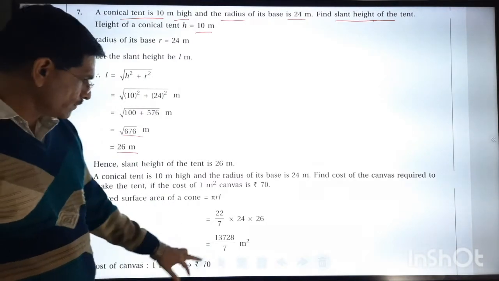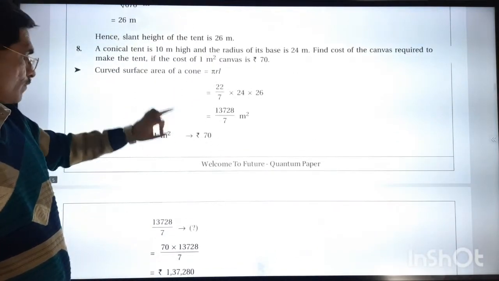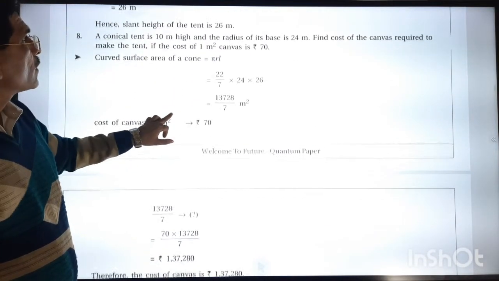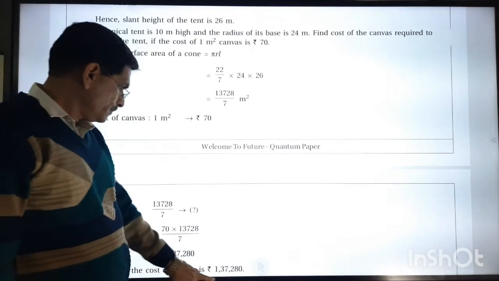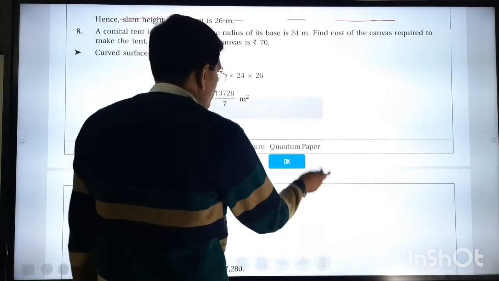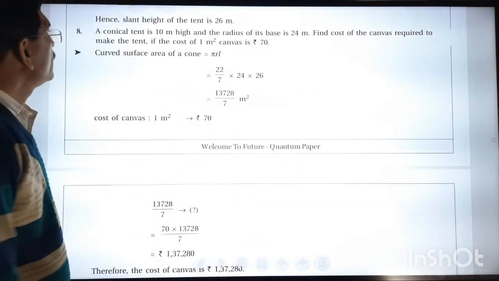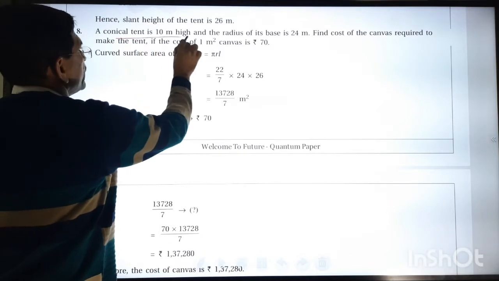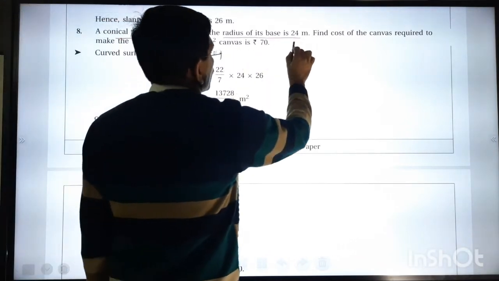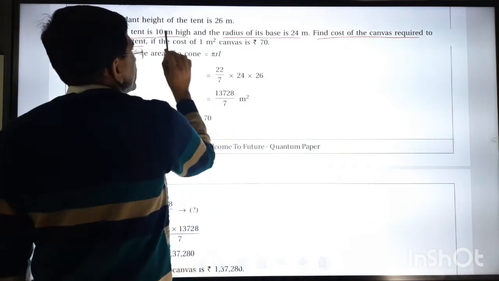Now we go for one more sum. It's one type of revision, so already all sums we have discussed in class. Conical tent with 10 meter height, radius 24 meter. Find the cost of canvas required to make the tent.